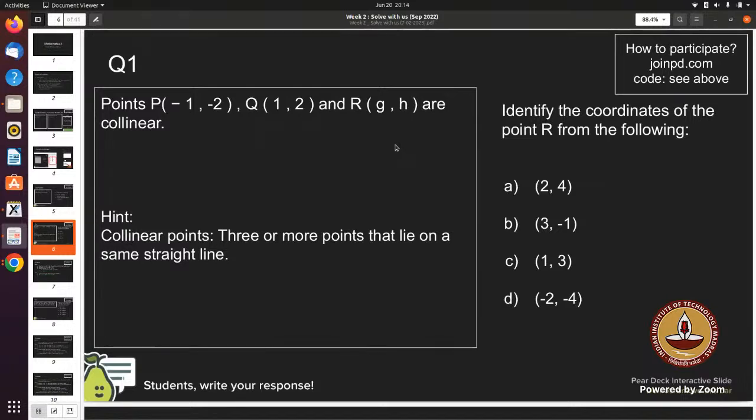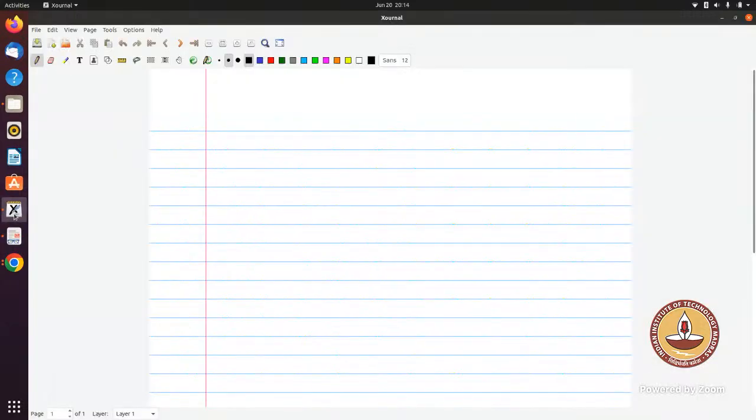Okay, so the point is, 3 points are collinear means the slope of P and Q should be equal to the slope of Q and R, because they all lie on the same straight line. If I draw this, suppose this is your coordinate plane, and there is some straight line like this.